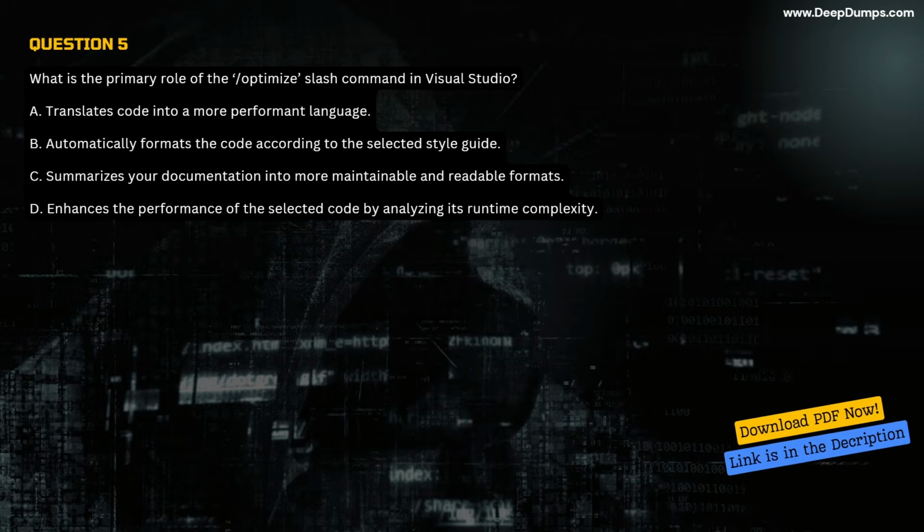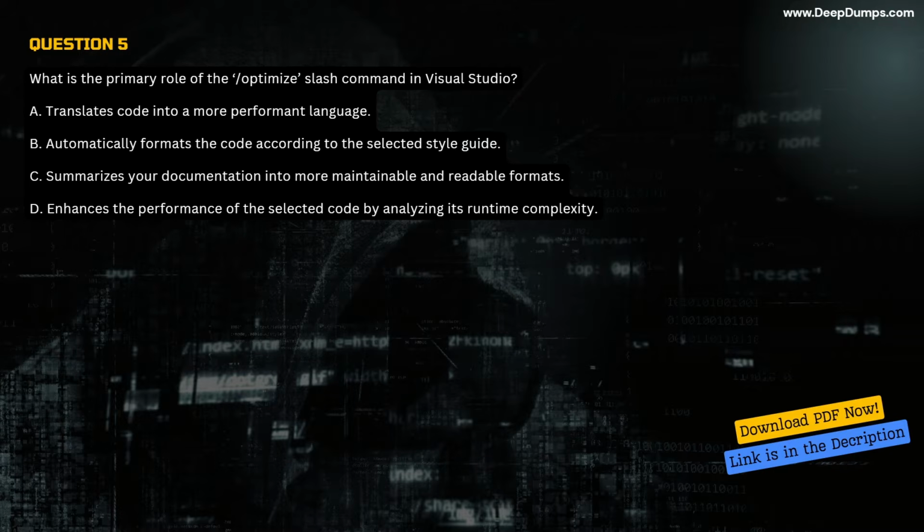Question 5. What is the primary role of the /optimize command in Visual Studio? A. Translates code into a more performant language. B. Automatically formats the code according to the selected style guide. C. Summarizes your documentation into more maintainable and readable formats.